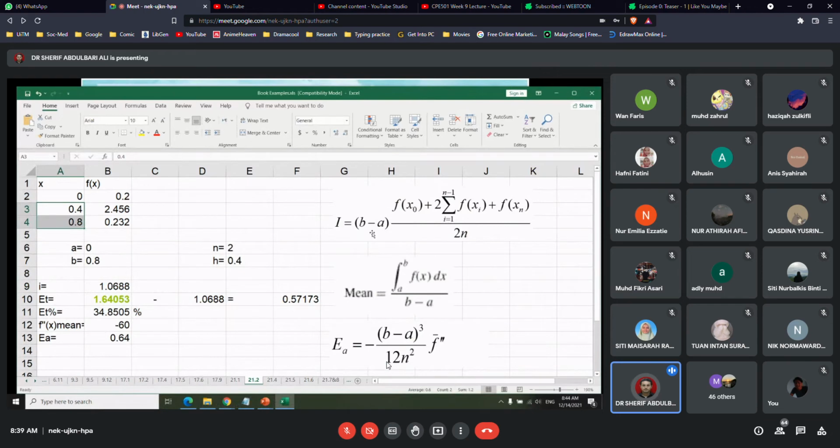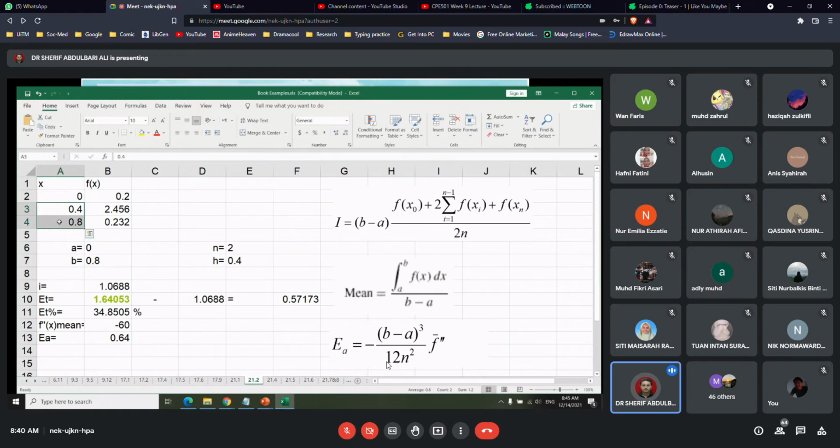So the integral will be equal to b minus a, so this means 0.8 minus 0, times the function of x0, which is 0.2, plus 2 times the internal points, 2 times 2.456, plus the function of xn, which is the last value here, 0.232, over 2 times 2, because I have 2 segments here, from 0 to 0.4 and from 0.4 to 0.8.